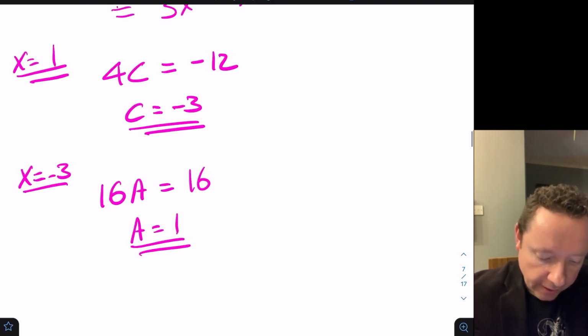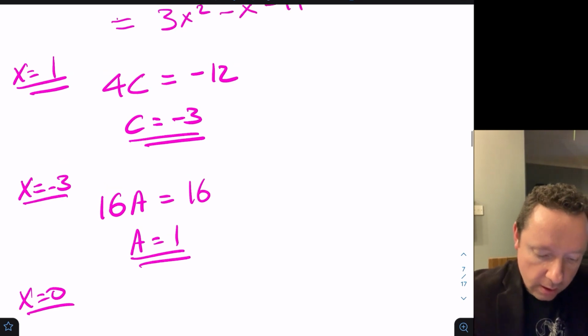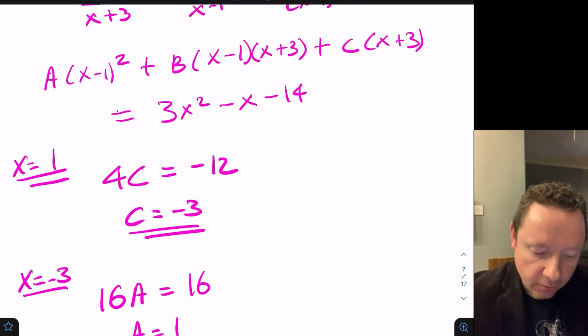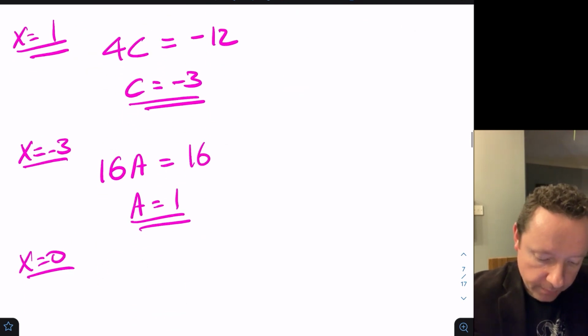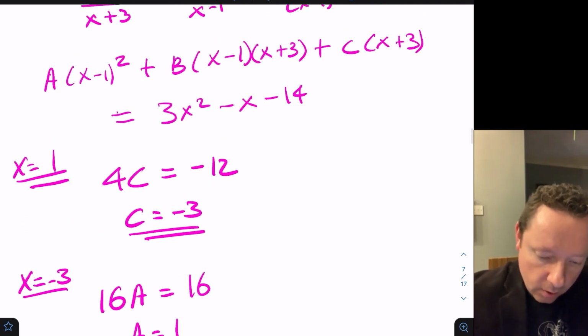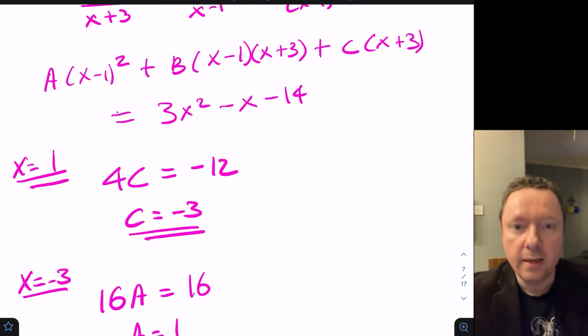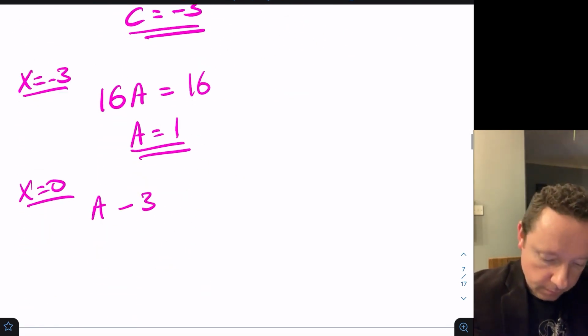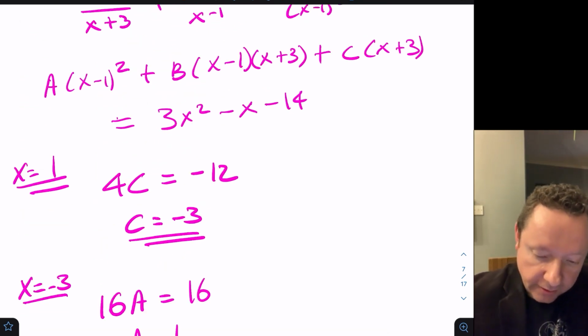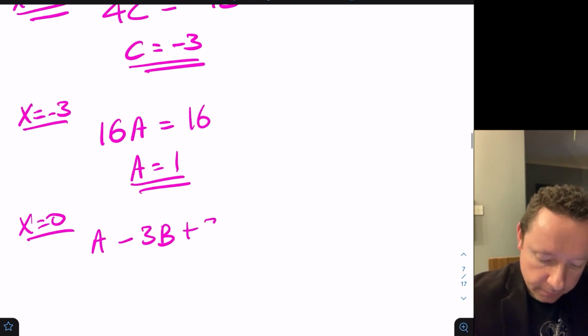And now we can just pick any number we want. Let's pick 0. So our left-hand side, being very careful, we get 1 squared is 1A, so I'll just write down A. And then we get minus 1 times 3 is minus 3, so minus 3B. And then we get 3 times C, which is 3C.